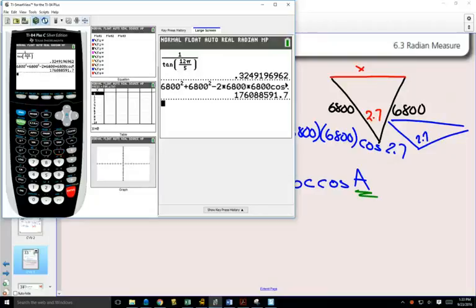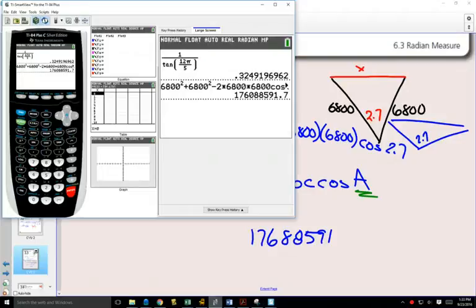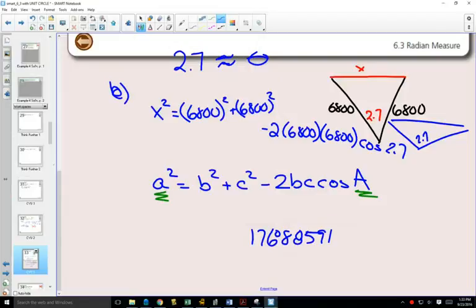I get a big number. We have to remember that that big number, 176088591. Did I miss a number? 0. Perfect. That's equal to x squared.